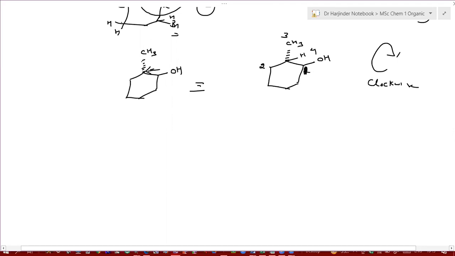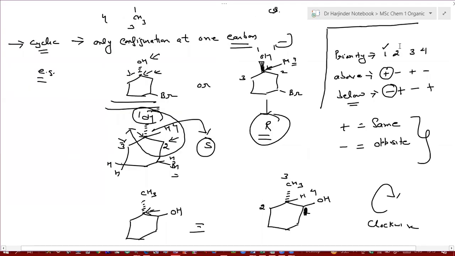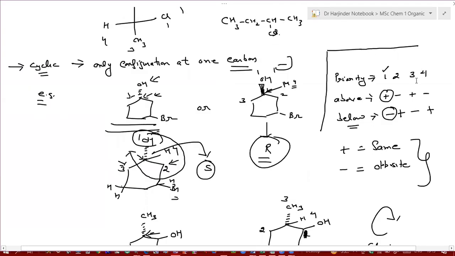So you have priority number 3 and your group is below the plane. Let us see here in the table. The priority is 3, you have to look here and it is below the plane. So it is minus. That means you have to write down the opposite.